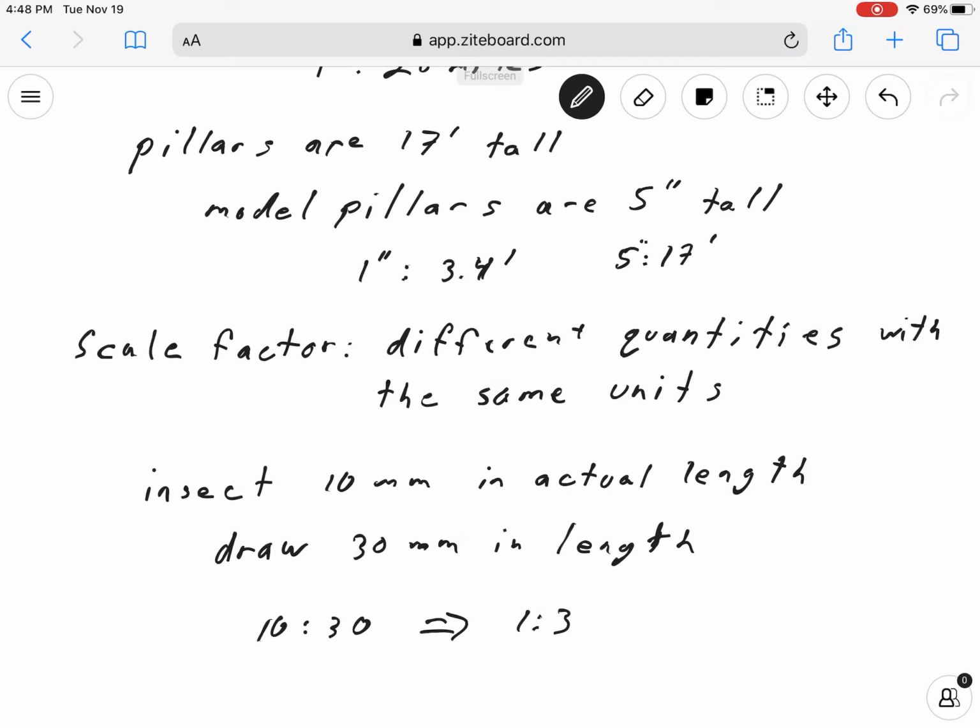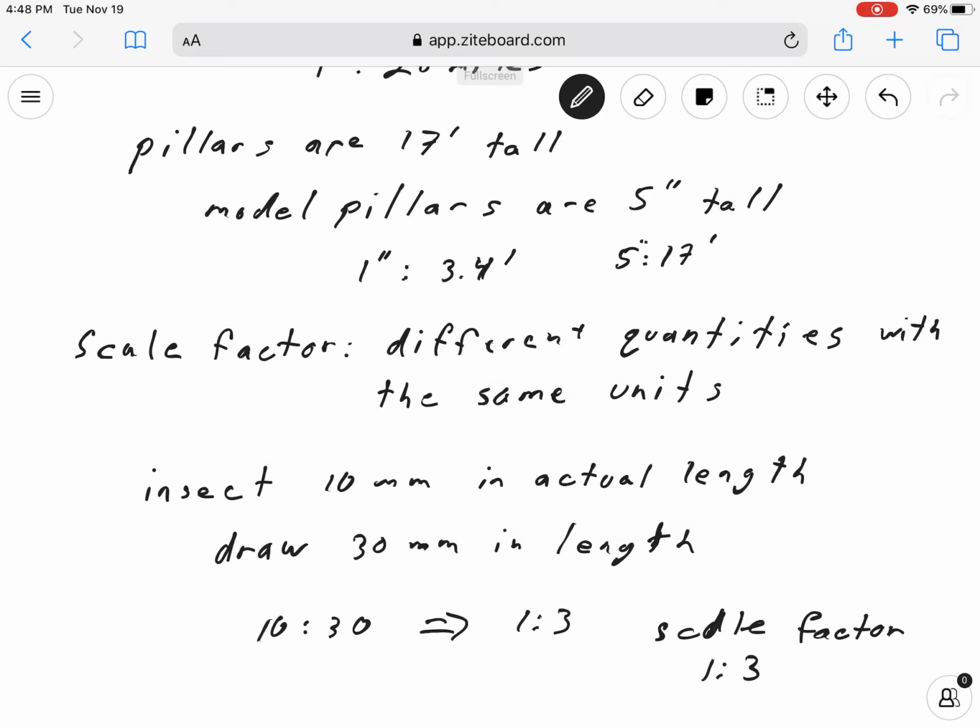So my scale factor is 1 to 3. Or, yeah, sometimes somebody will just say 3, meaning we're multiplying by that. Okay, so that is a synopsis of this.